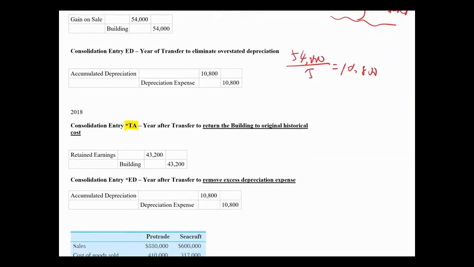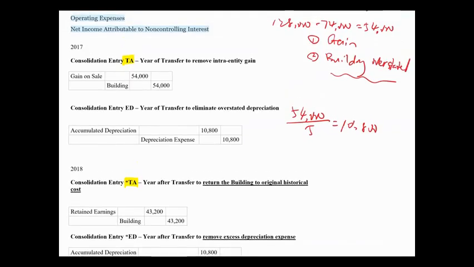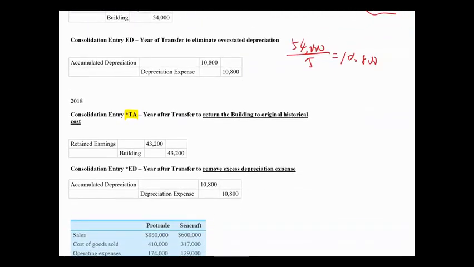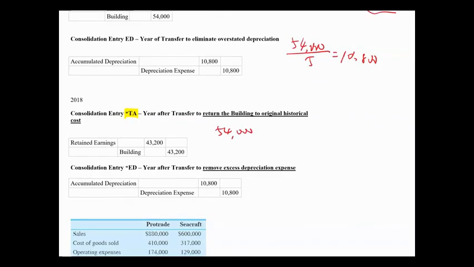And how do we get this 43,200? In the first year it's overstated by 54,000, but after 1 year of depreciation, the remaining amount is 43,200. So that's why we debit retained earnings and credit building by 43,200. That's how we got this number.